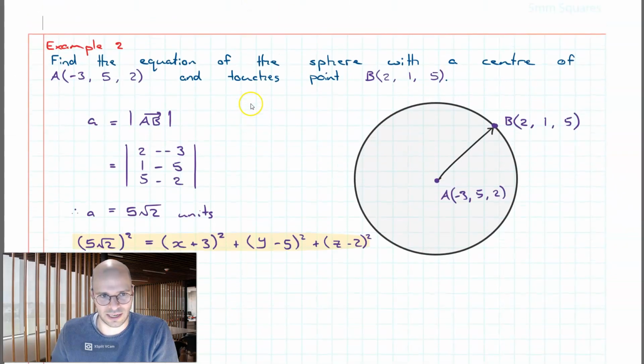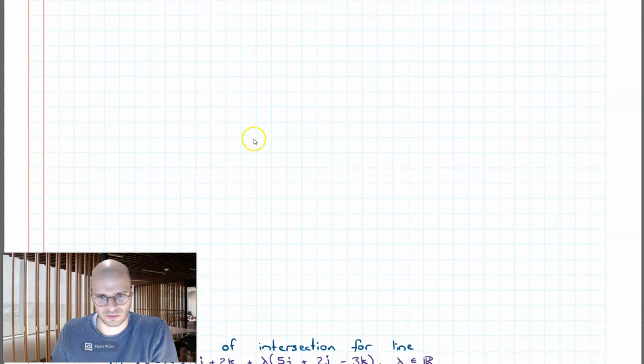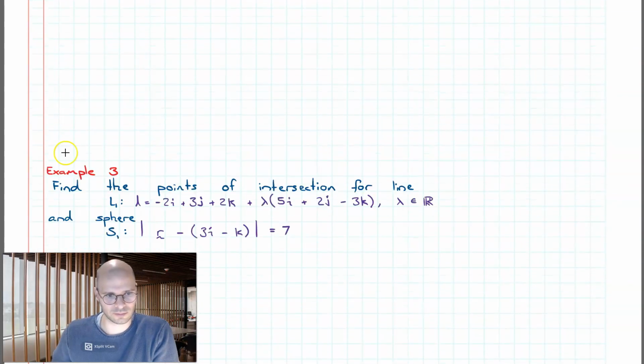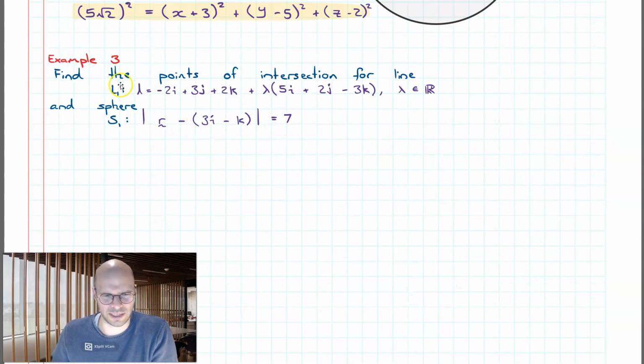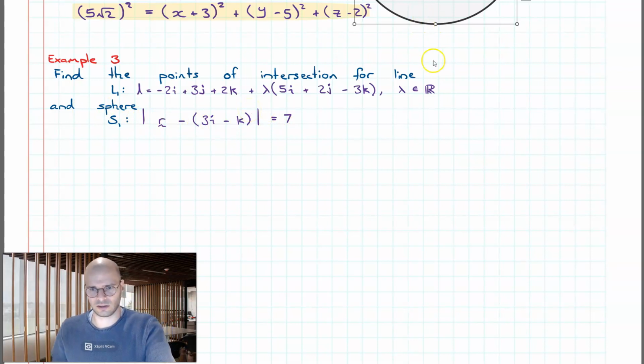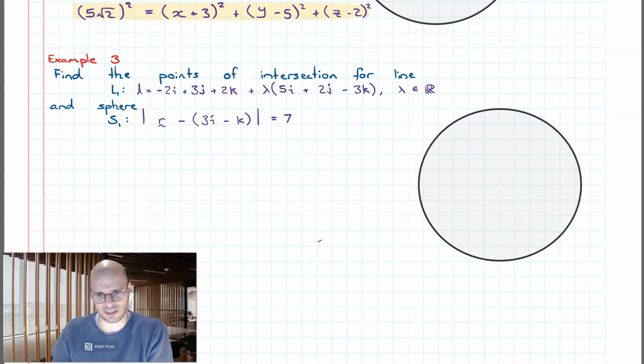Alright, let's have a look at example 3, something slightly more tricky. In example 3, we want to find the points of intersection for a line described with the equation shown over here and the sphere described with the vector equation over here. What we're effectively looking at is a sphere and a line through space.